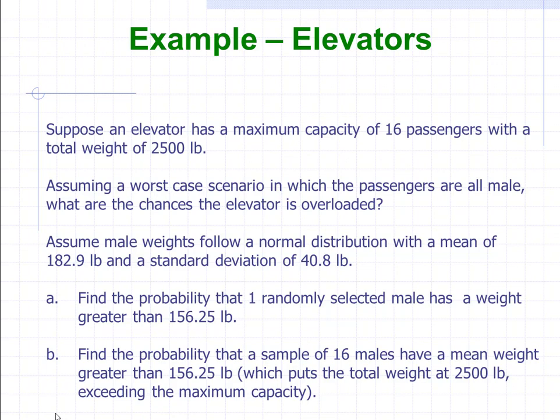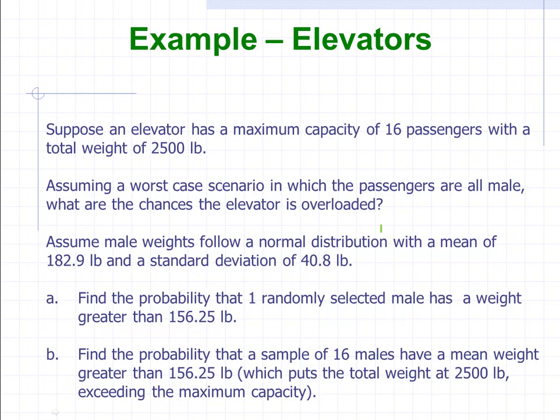So we have an example here, an elevator example. It's a little different than the elevator example in your textbook, but it works. On the little plaque, when you get inside, it says maximum capacity of 16 passengers, total weight of 2,500 pounds. Assuming the worst case scenario in which all the passengers are male, what are the chances that the elevator is overloaded?